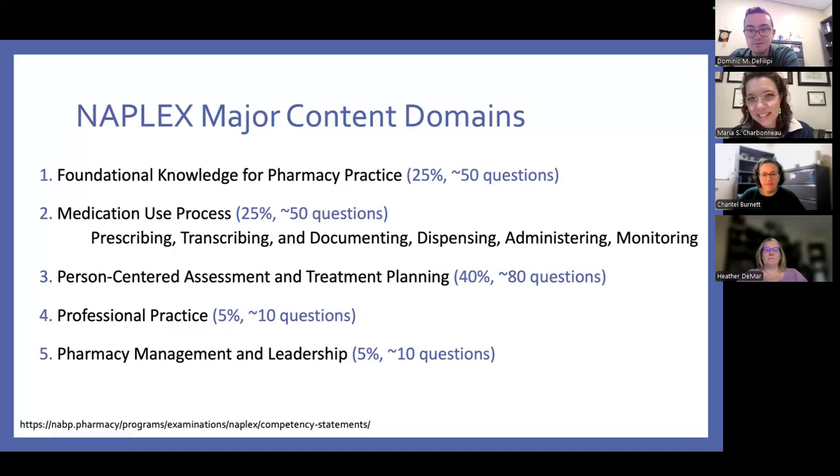Other thoughts? Got number 3 as well, the person-centered assessment and treatment planning. We did earlier also have a comment to identify social determinants of health. So if the case was a bit expanded, we could certainly do that. Sure. Yeah, I love it.